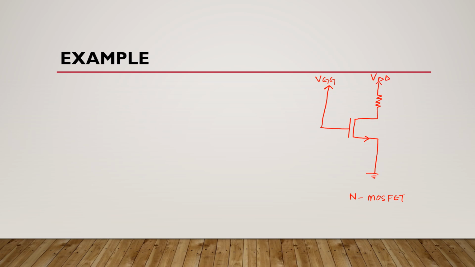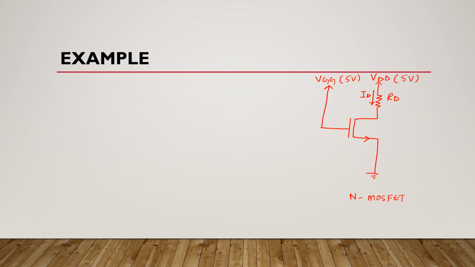Suppose VGG is 5 volts and this VDD is also 5 volts, and here we have RD, and this is the direction of drain current, and as you can see here, this source terminal is grounded.